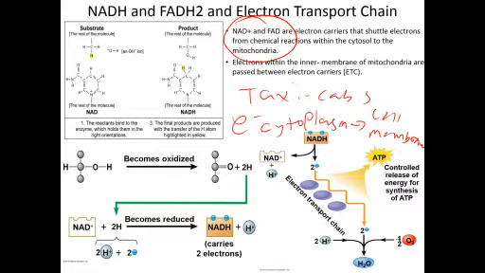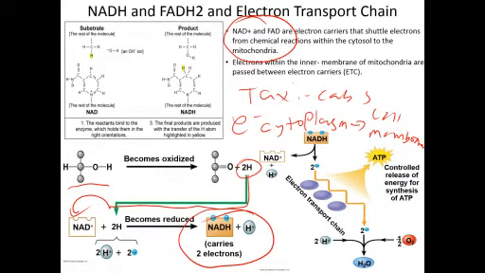So, for instance, here you have this biological molecule. It's oxidized, and you basically cleave off two hydrogen atoms, basically electrons. Those hydrogen atoms, electrons, get transferred to NAD+. NAD+, when it accepts these electrons, becomes reduced to NADH.